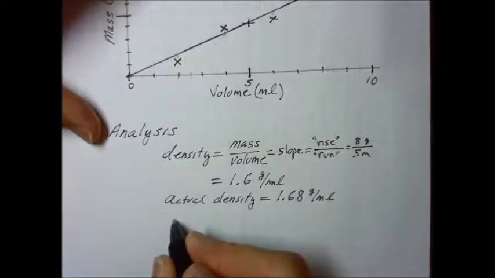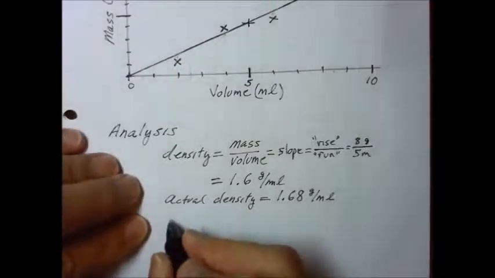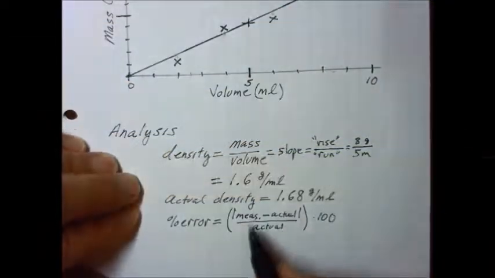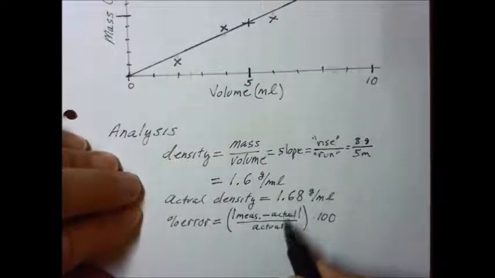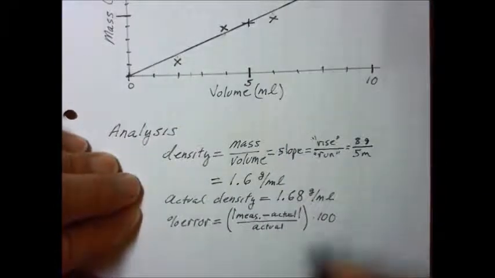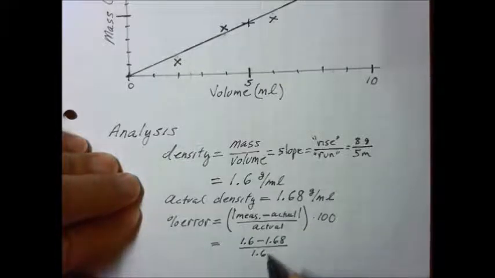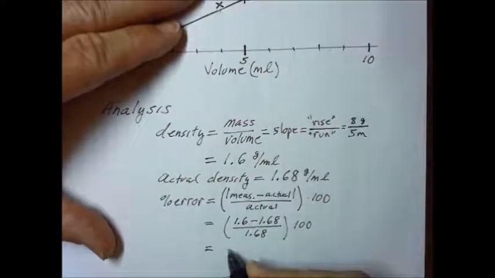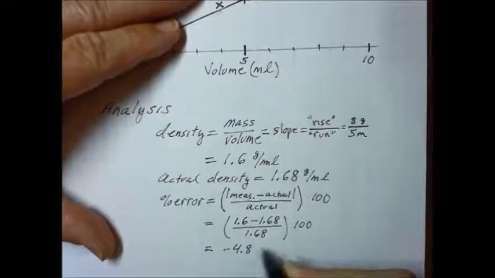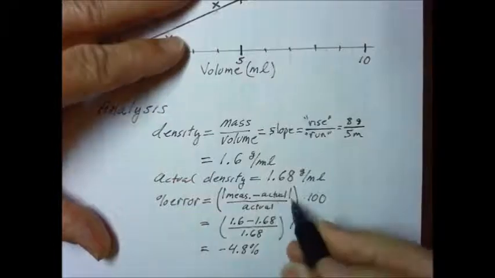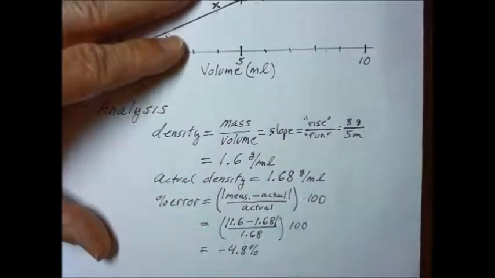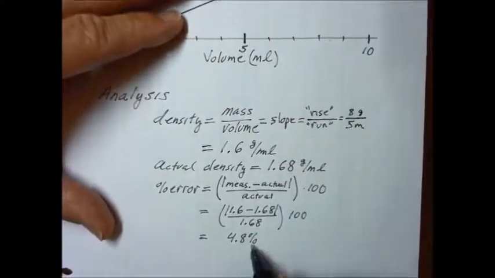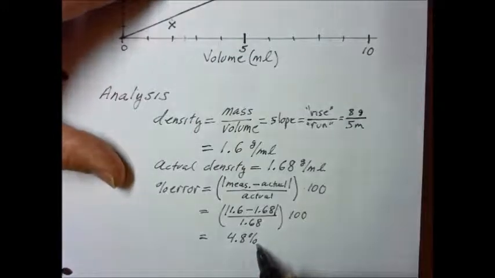So I want to calculate my percent error, which is my measured value minus my actual value divided by my actual value times 100, which is equal to negative 4.8%. But since this is supposed to be absolute value, then it's just 4.8% error, and that's pretty good.